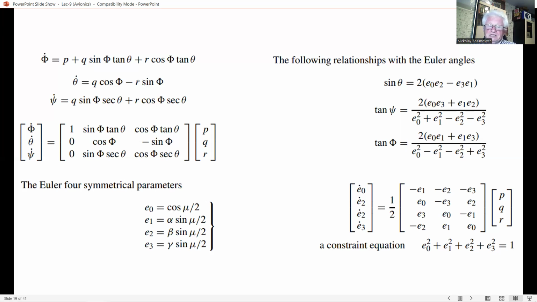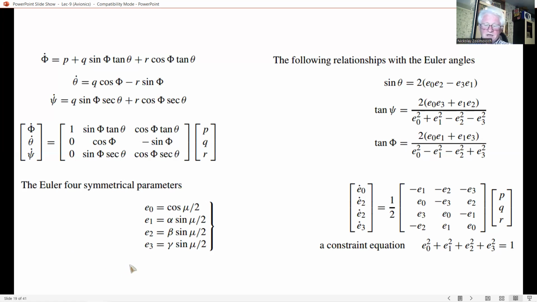Let a single rotation mu about this axis bring a moving axis set from OX0, OY0, and OZ0 into coincidence with OX, OY, and OZ. So we have the set whose orientation it is desired to specify. The Euler four symmetrical parameters are given by this expression.